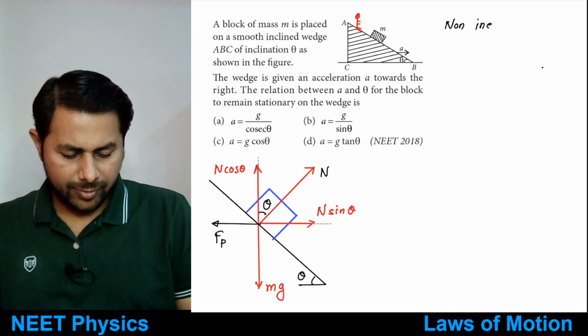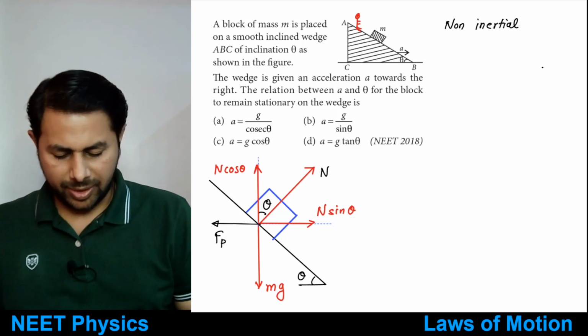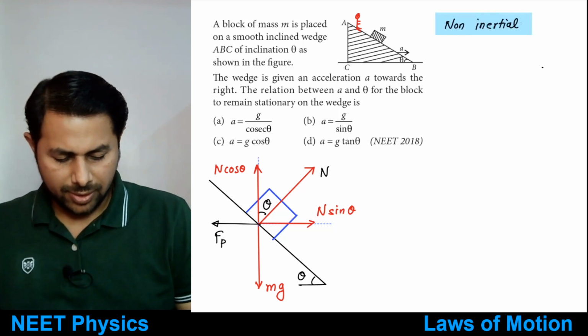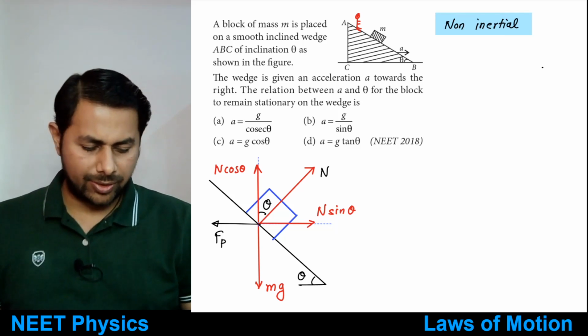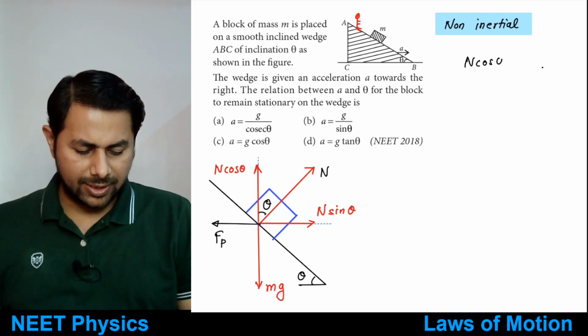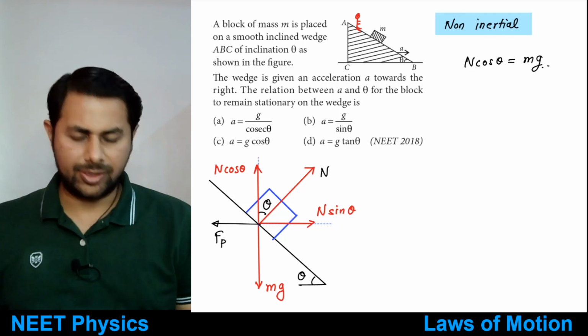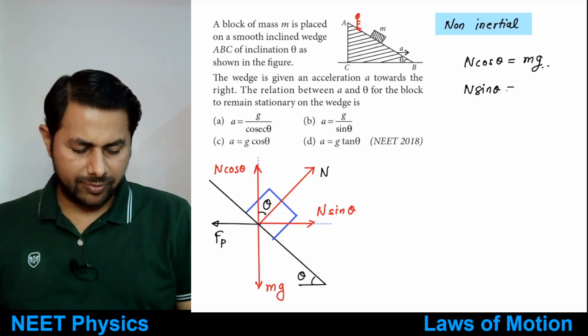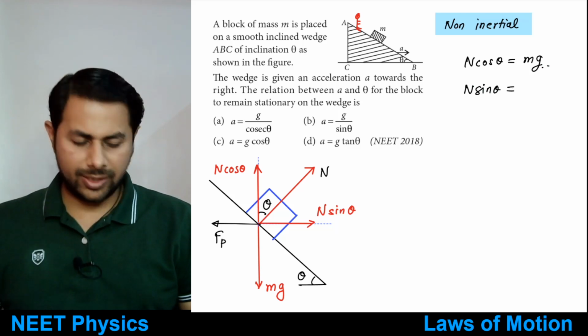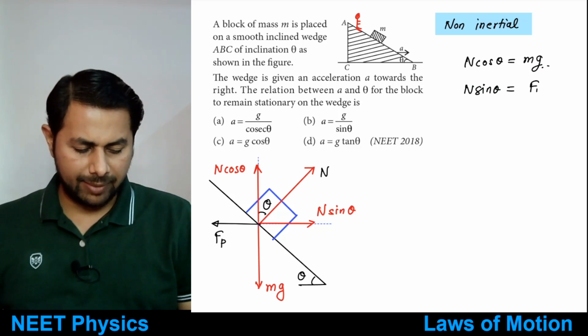okay. So in non-inertial frame of reference also, weight is balanced by the vertical component of normal reaction. So n cos theta is equal to mg, and n sin theta is equal to what? In magnitude, it is equal to what? The pseudo force Fp.